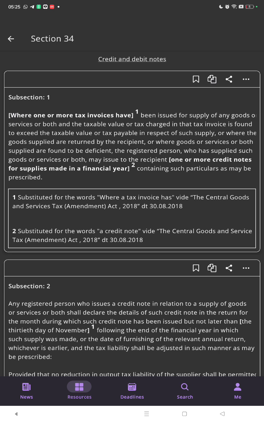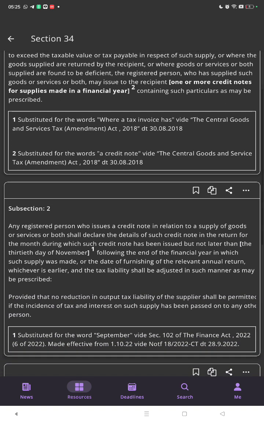Substituted for the words, where a tax invoice has been issued, by the Central Goods and Services Tax Amendment Act 2018.